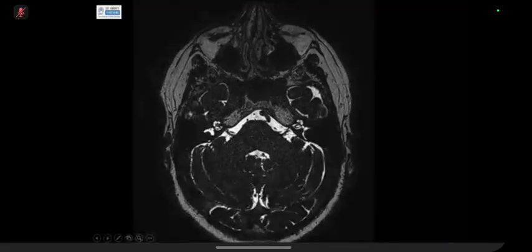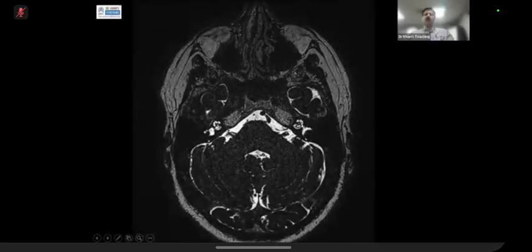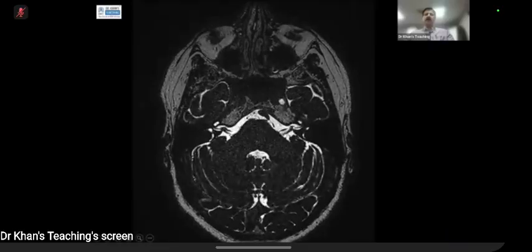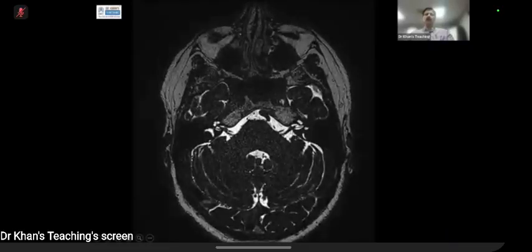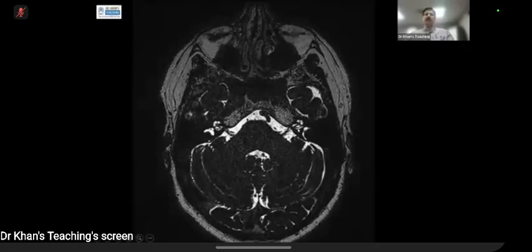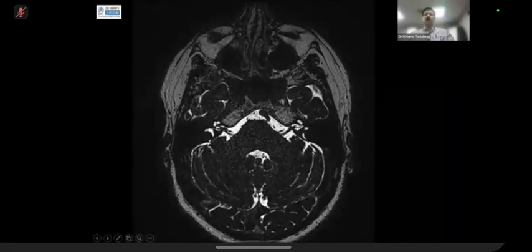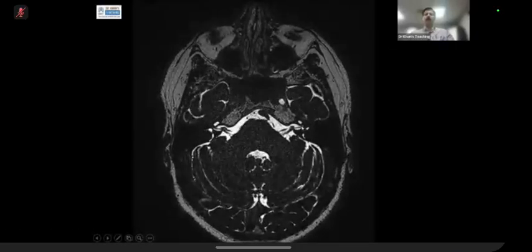This is that flower. From the flower, which is the cochlea, you can see this nerve going here. If you trace it backwards, it joins these nerves. On an axial sequence, you cannot make out which is which, the superior vestibular and the inferior, where I'm pointing out.